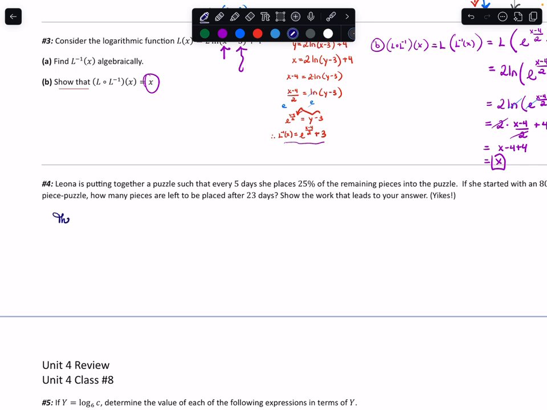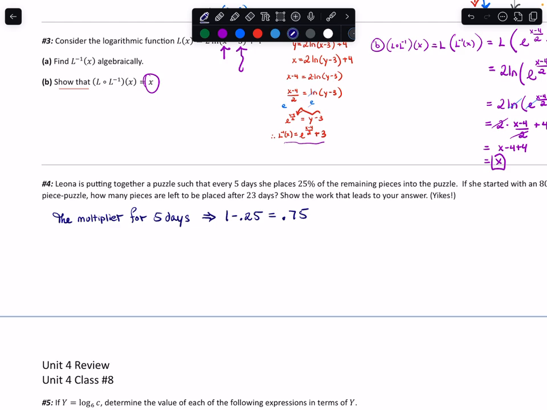The thing they actually told me is what we call the multiplier for 5 days, which they indirectly told me would be 1 minus 0.25, which is 0.75. That's for every 5 days, right?